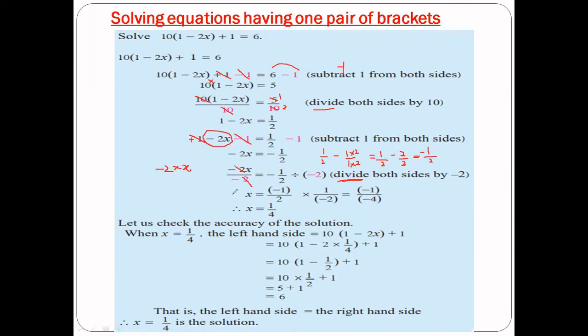Here plus x. So you can write as x. Minus half divided by minus 2. Can you remember we can get the reciprocal? If there's a division, you can convert that into a multiplication.